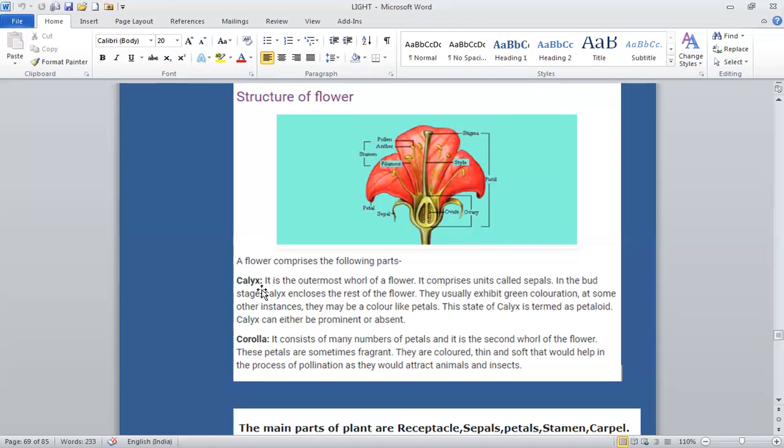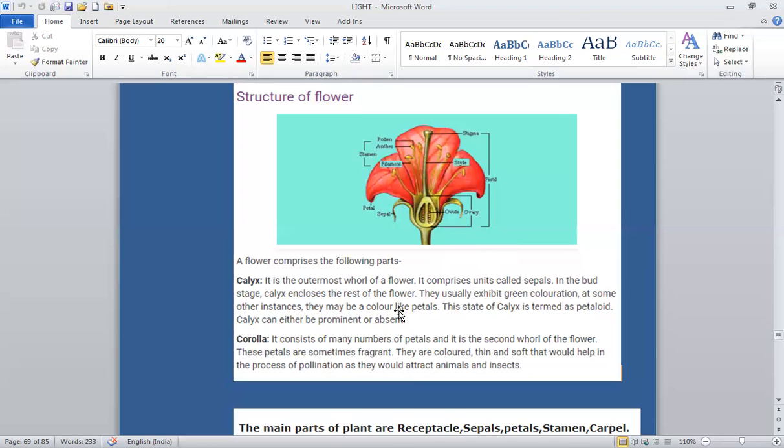Calyx. What is calyx? Calyx is the outermost whorl of a flower. It comprises units known as sepals. A single unit is a sepal. In the bud stage, calyx encloses the rest of the flower.